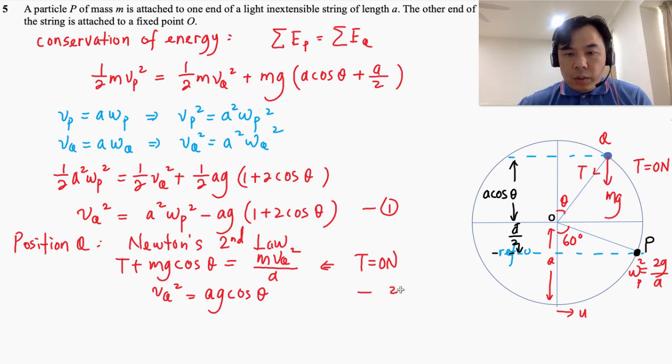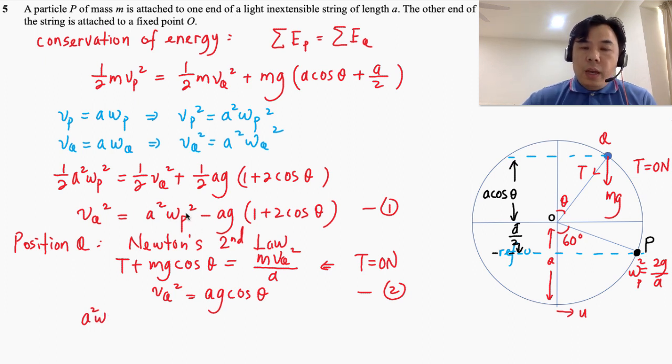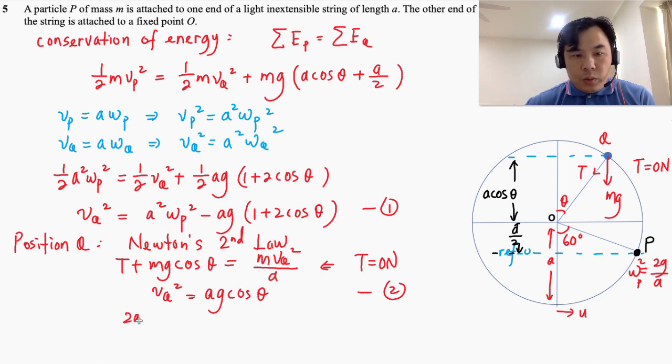Right. And then finally, we just need to equate these two equations. We're going to substitute 2 into 1. We will have A omega P square is actually equal to this. Now for simplification, the whole thing becomes 2ag.